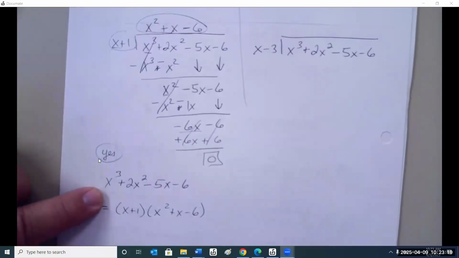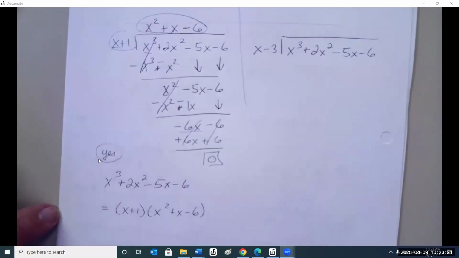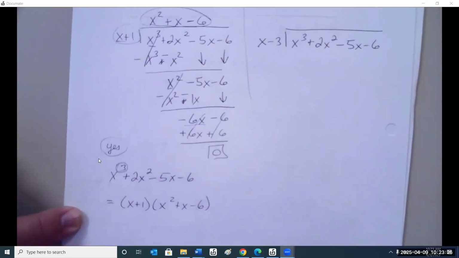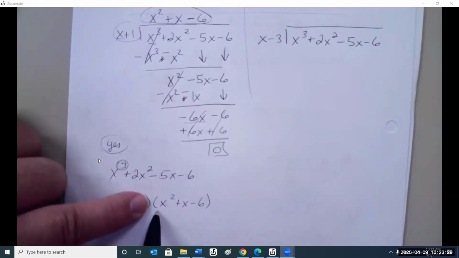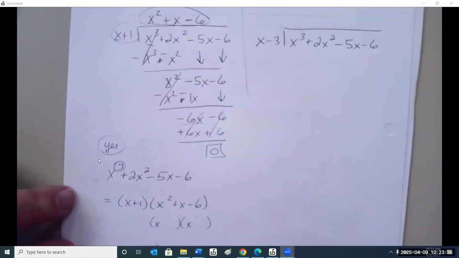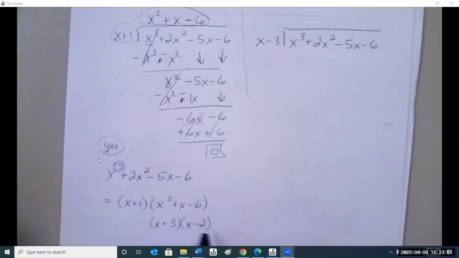So now, how many answers are we supposed to have? We're supposed to have 3 of them because the degree is 3. So we got these 2 so far. Now, if we wanted to, we could even take this one step further. So opposite signs. 3 and 2, because 2 times 3 is 6, and 3 minus 2 is 1.